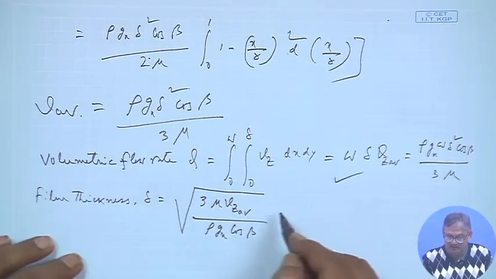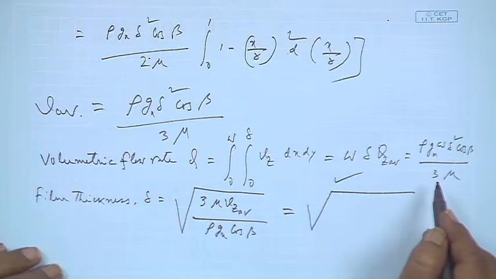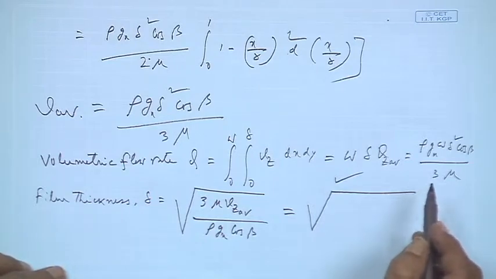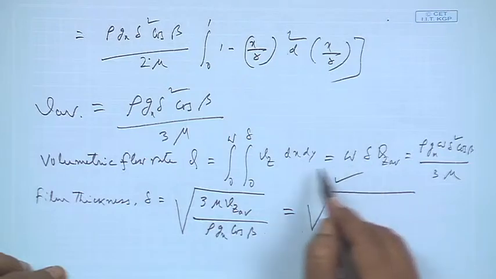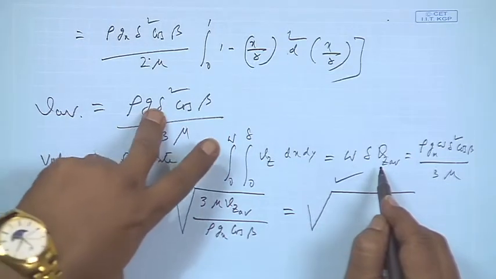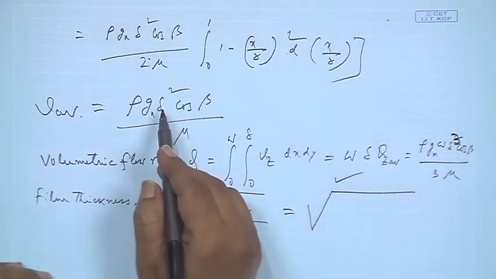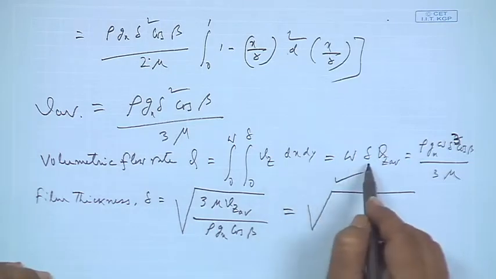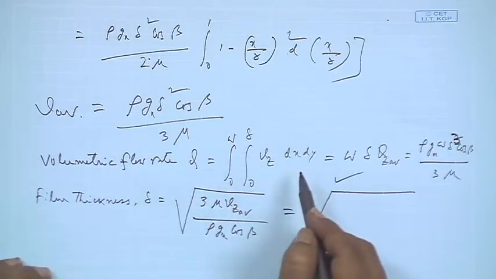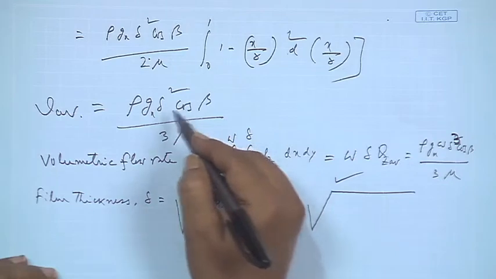This also can be written from W del Vz average, and Vz average has one del square, and there is one del from the integral 0 to del, so it becomes del cube.